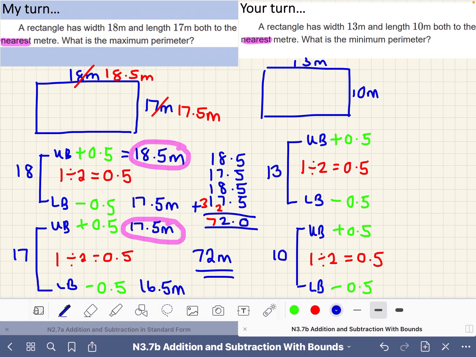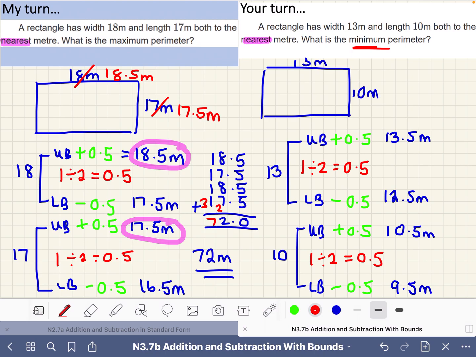That gives us upper bound measurements of 13.5 metres and a lower bound of 12.5 metres. And for the bottom we have 10.5 metres for our upper bound and 9.5 metres for our lower bound. We are looking for the minimum perimeter, so that is the smallest distance that we can have around our shape.